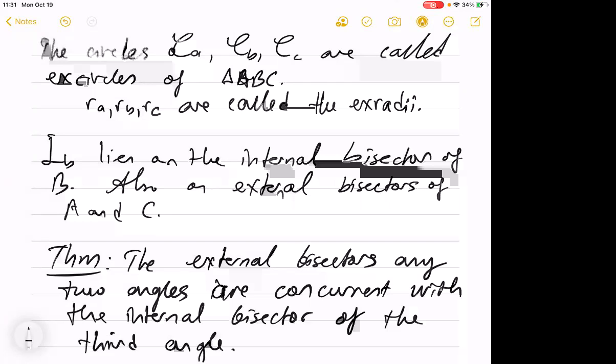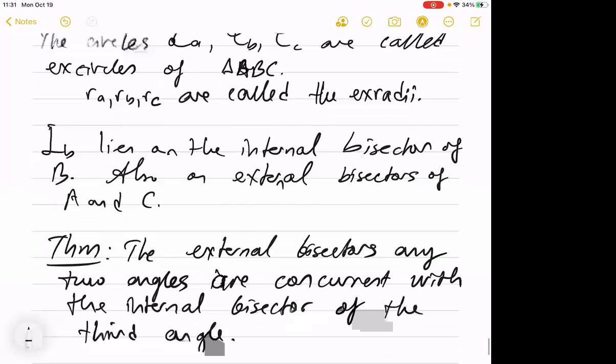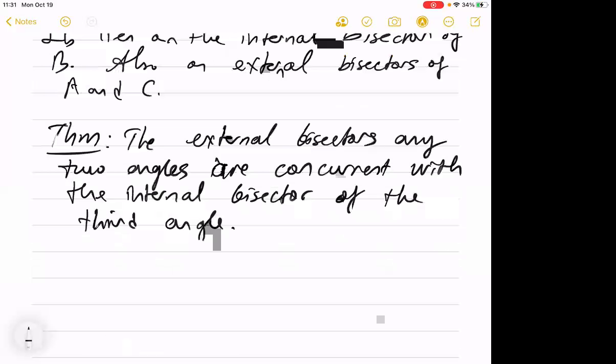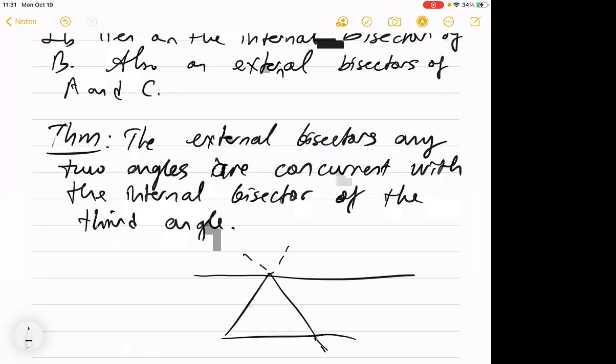So namely, if you draw ABC once again, when you draw the external bisectors here and the internal bisector of this angle B, they are concurrent, so they pass through the same point like this.